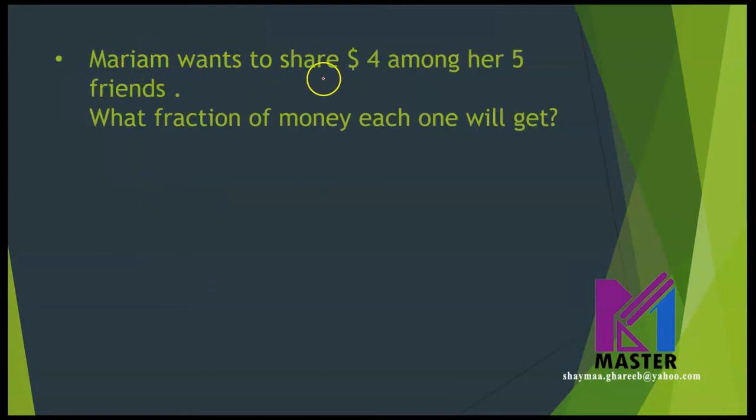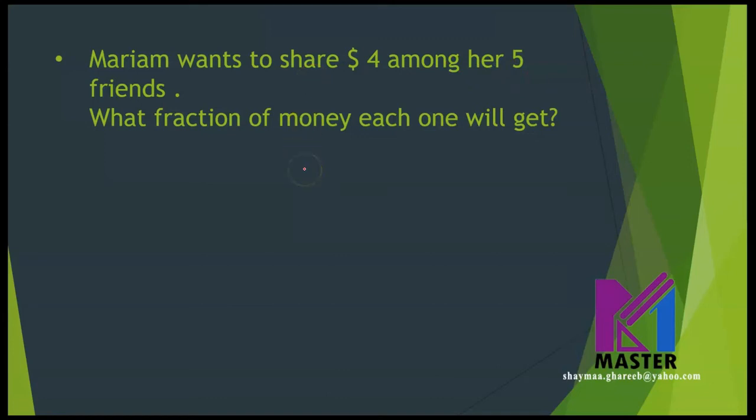Mariam wants to share $4 among her 5 friends. What fraction of money will each one get? So the amount that we want to share is $4. So $4 will be shared among 5 friends, which means the 4 will be divided by 5. Which fraction is it? Think of it.